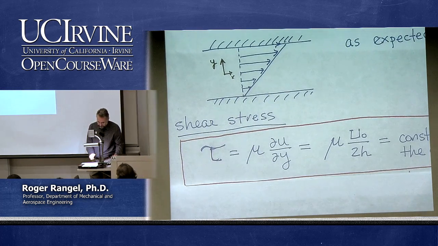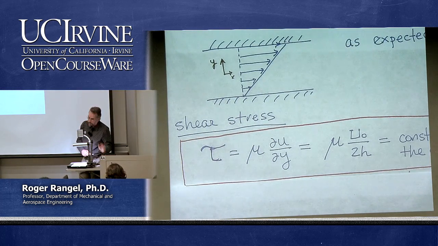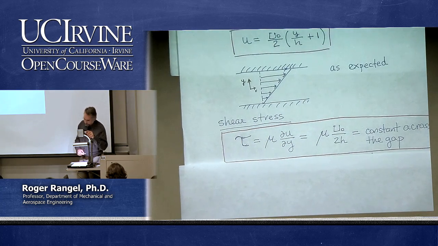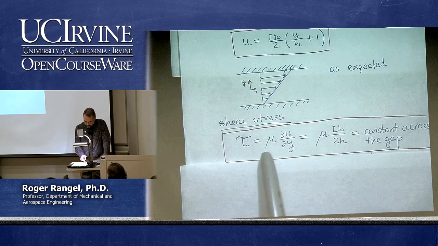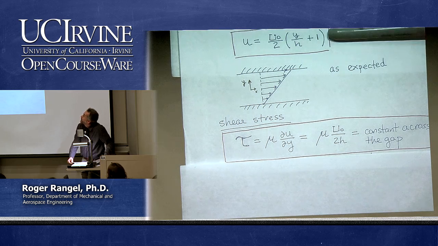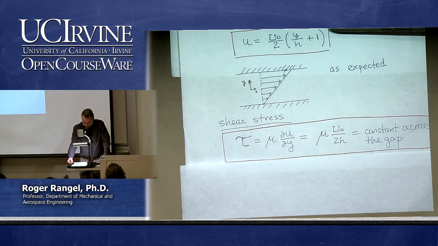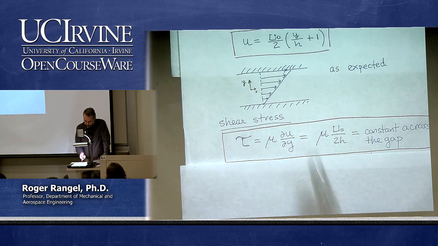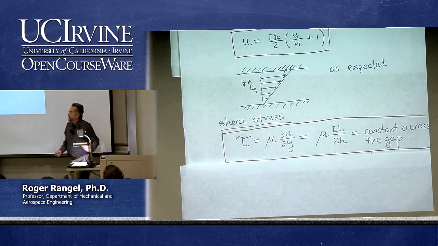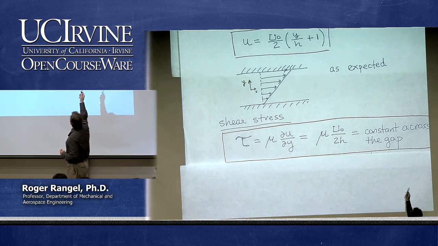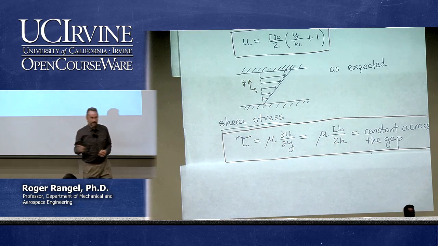Well, we know that tau is equal to mu partial u partial y. So if I get partial u partial y from this equation at the top, partial u partial y, of course, is just u naught over 2h multiplied times mu. That's the shear stress. And what I notice is that it's the same across the gap.